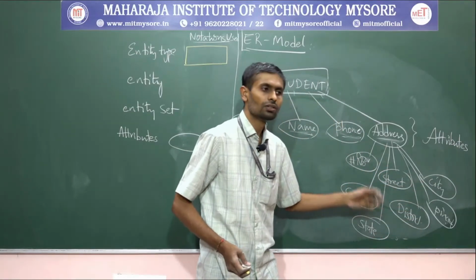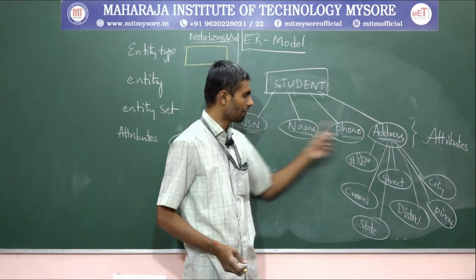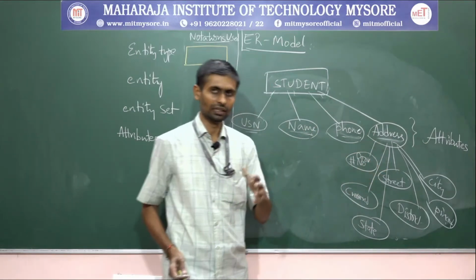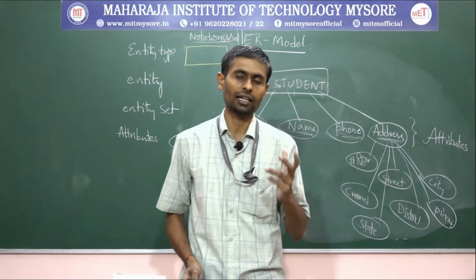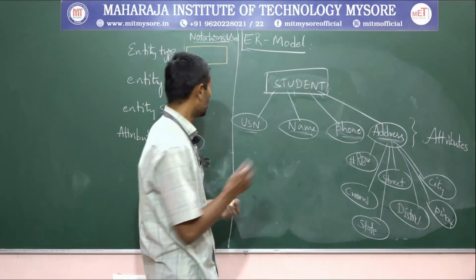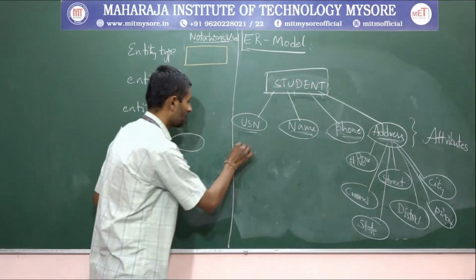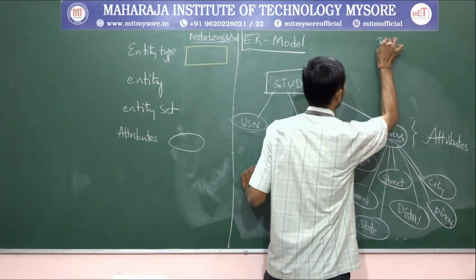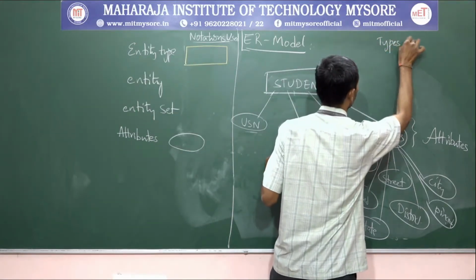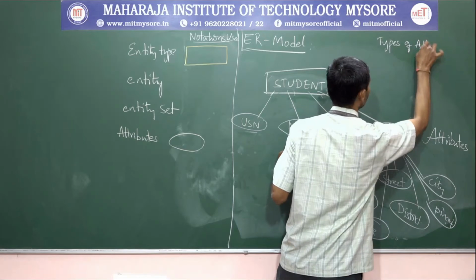So this is different from the earlier one. It's an indication that we could have different types of attributes also. Now my next topic is the types of attributes. Let's list it here and write it: types of attributes.